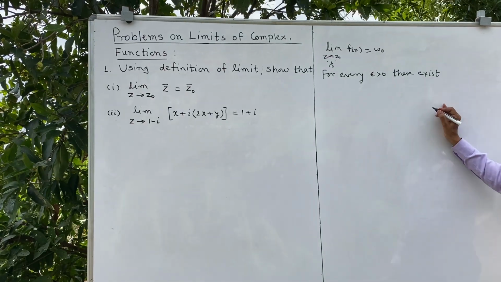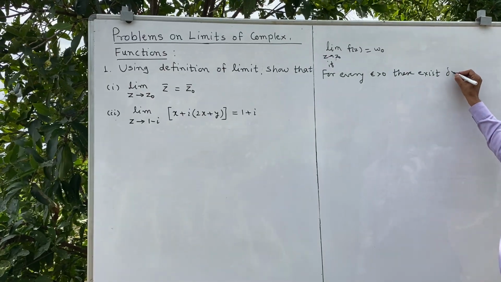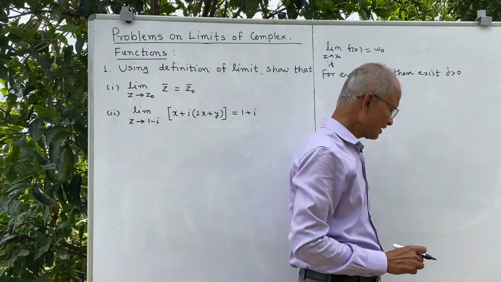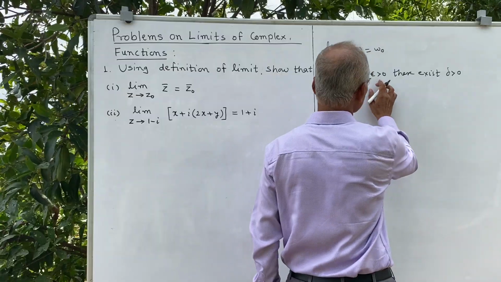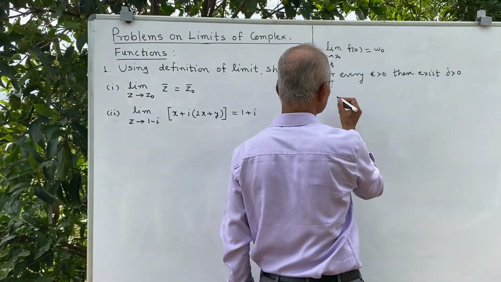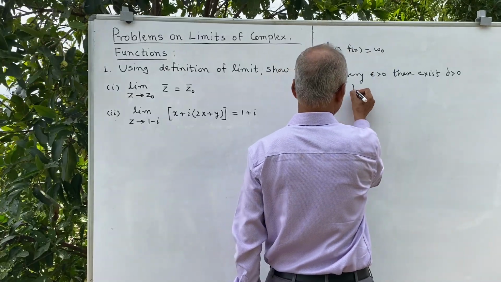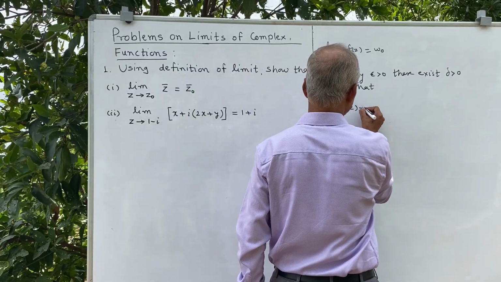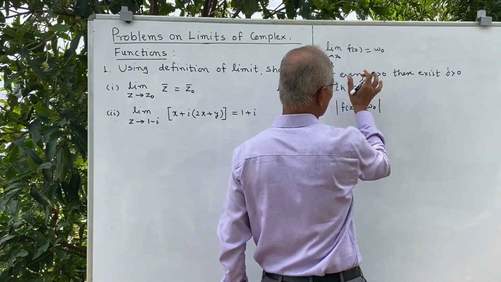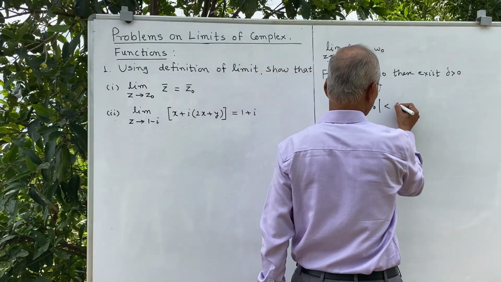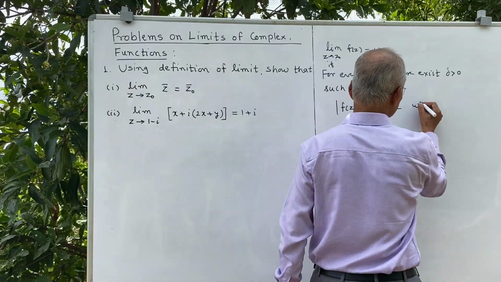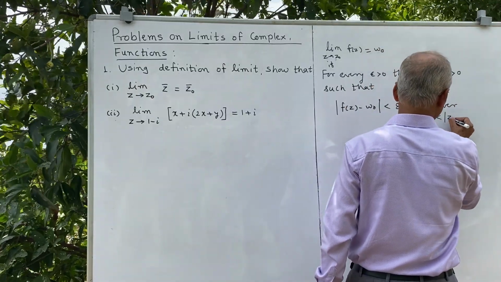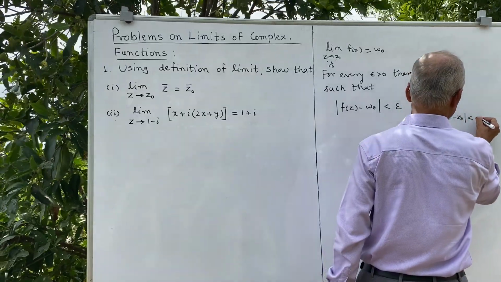Epsilon and delta are small positive numbers, denoted by the Greek letters epsilon and delta. For every epsilon greater than 0, there exists delta greater than 0 such that the absolute difference of f of z and w naught is less than epsilon whenever 0 is less than mod z minus z naught is less than delta.